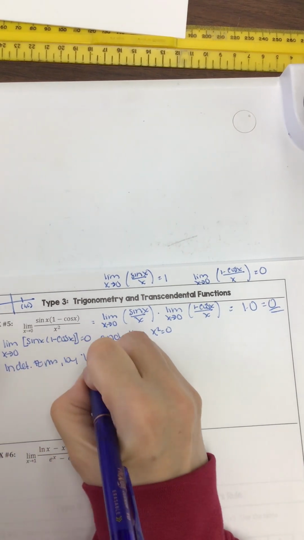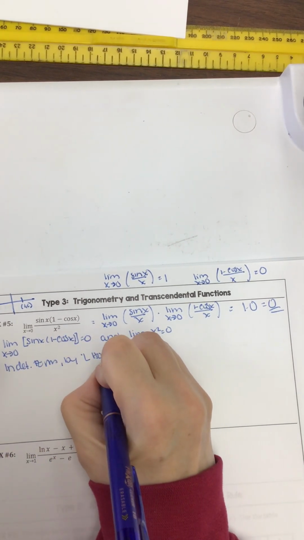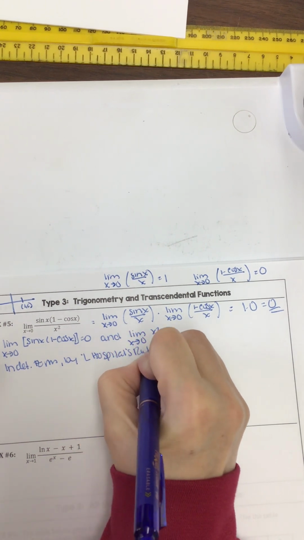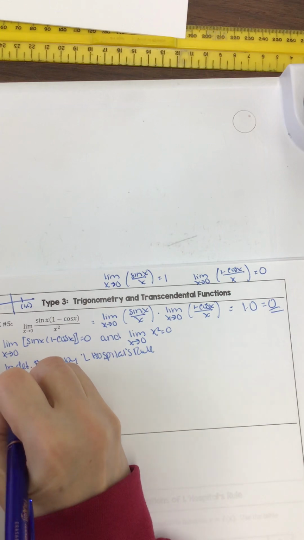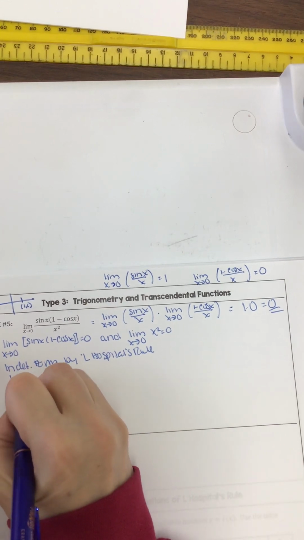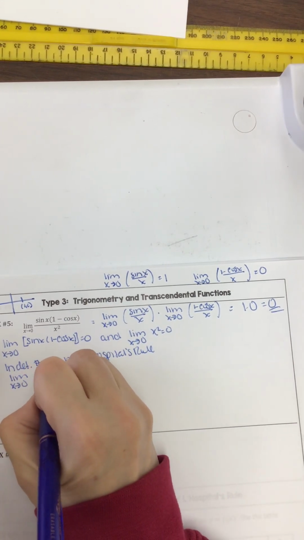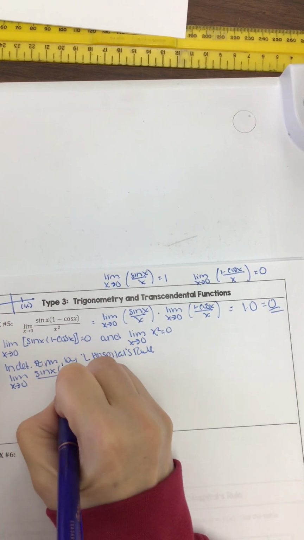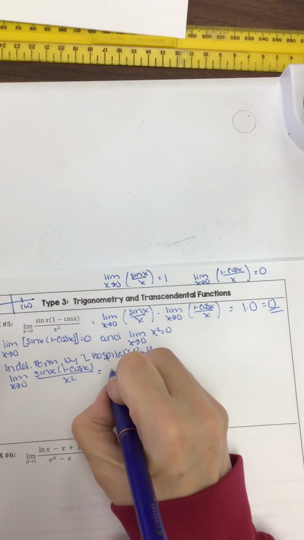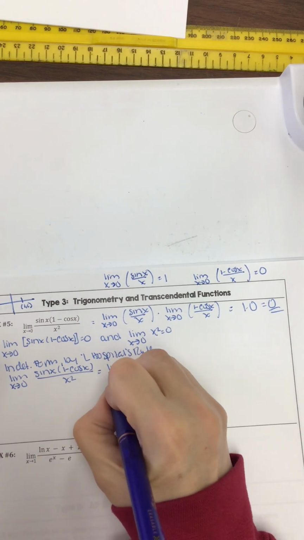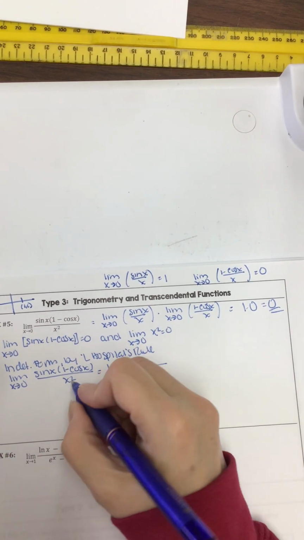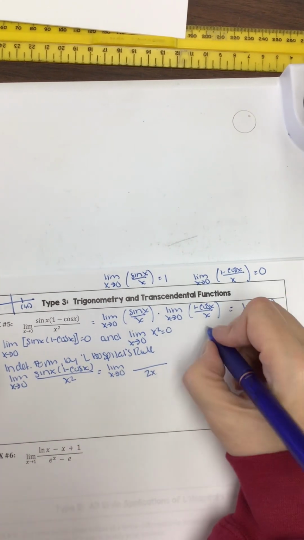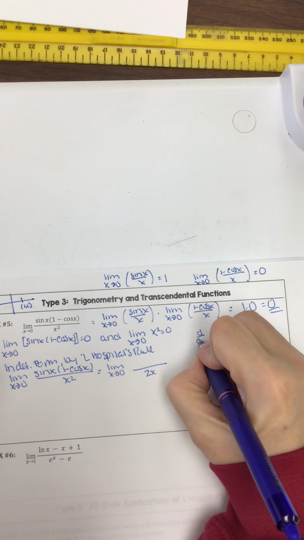By L'Hopital's rule, we know that the limit as x approaches 0 of sine of x times 1 minus cosine of x over x squared would equal the limit as x approaches 0 of, we know the denominator's derivative would be 2x, right? Let's come over here and find the derivative of the numerator.